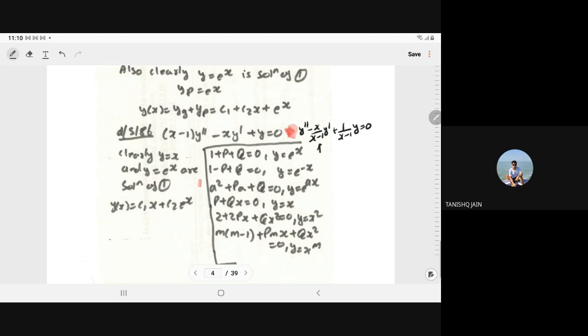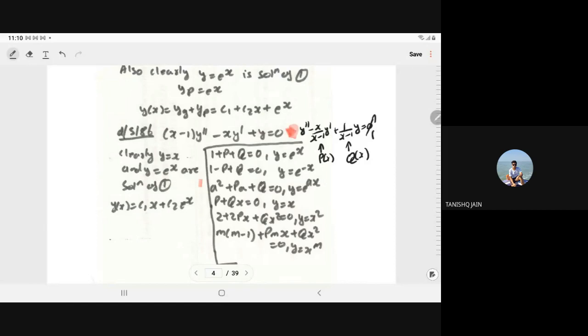So this is the p, this is the q, functions of x. y double dash plus px y dash plus qx y is equal to 0. Here rx is identically 0, meaning the given system is a homogeneous system or reduced equation.